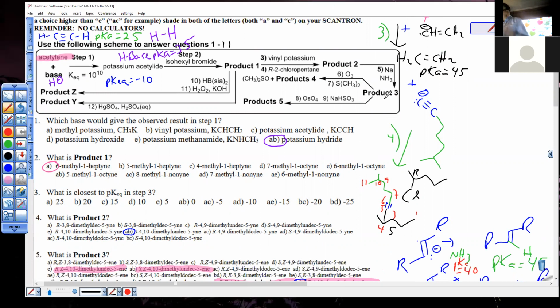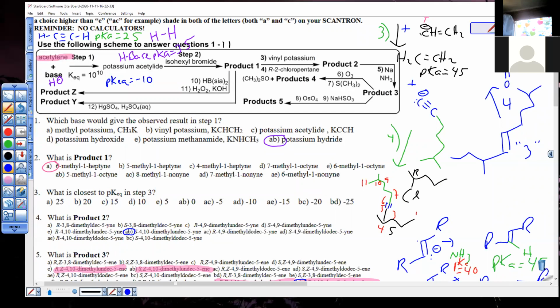And I'm just going to draw it because it looks like it goes 2 places. Product 3. And we already, product 3 was 4,10 dimethyl 5-ene, 5 4 3 2 1 5 6 7 8 9 10 11, and 3 going to 4 will be these 2 products.